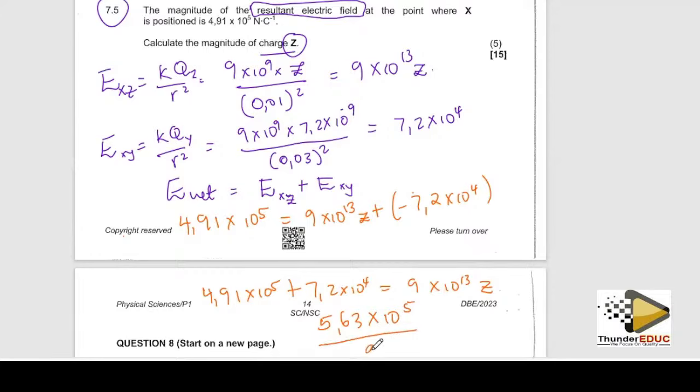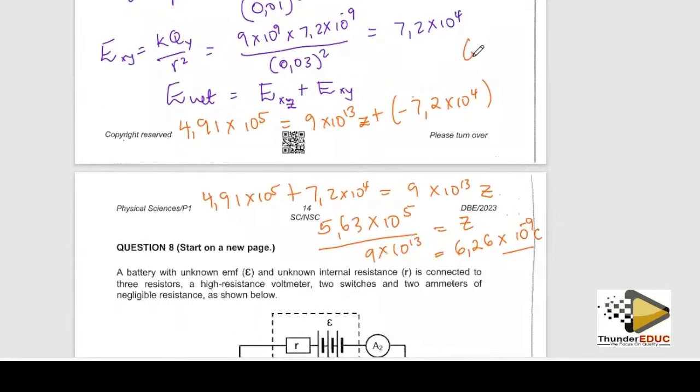I'm dividing this by 9 times 10 to the 13. So what is my Z? That gives me 6.25555, so that's 6.26, I think, times 10 to the negative 9. Since it's a charge, we can call it coulombs. No problem.